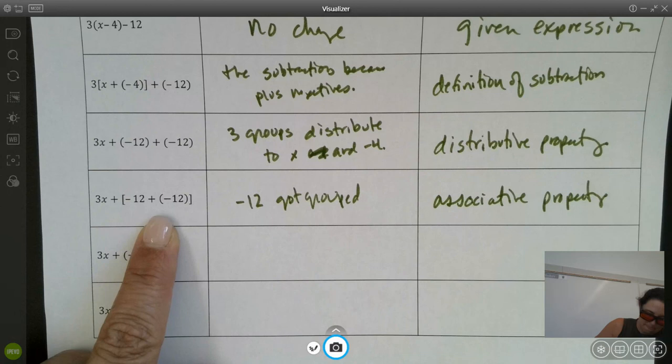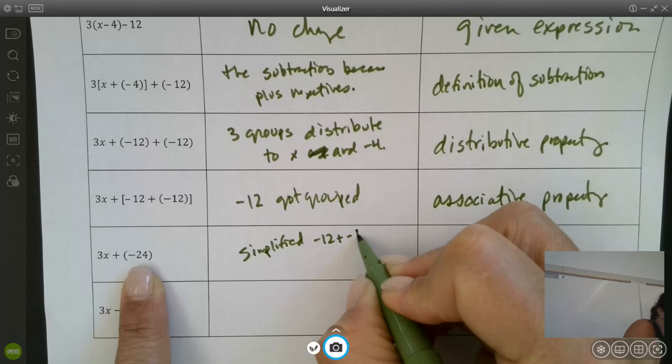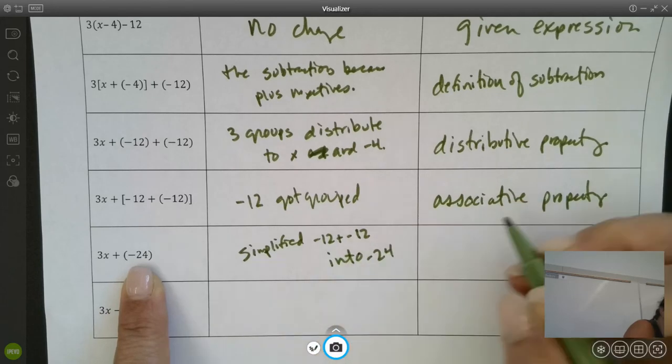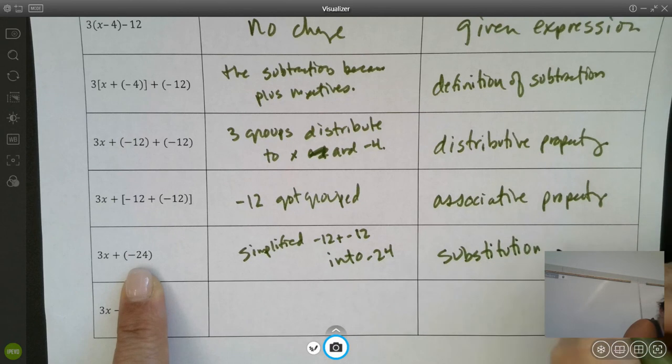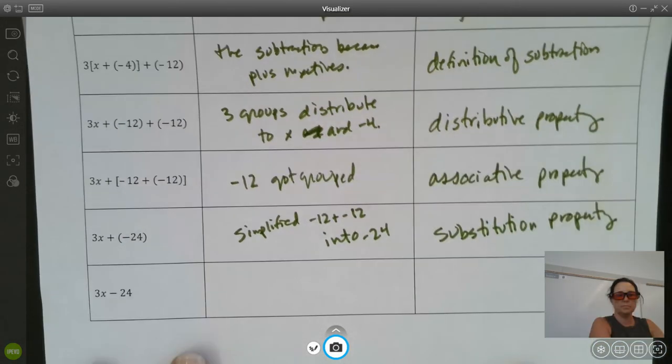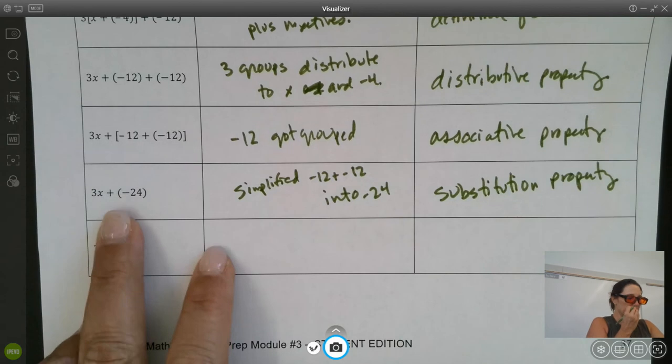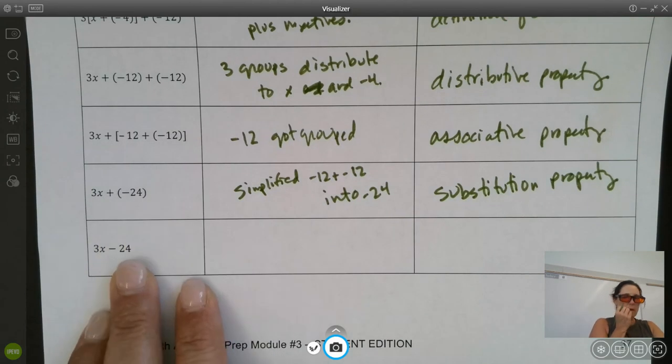Then negative 12 plus negative 12 became negative 24. Well, that is the substitution property. Simplified negative 12 plus negative 12 into negative 24 by the substitution property. And then this plus a negative changed to a minus a positive.